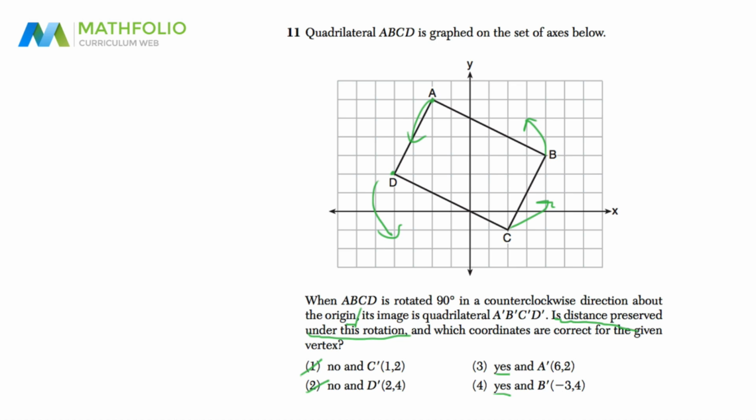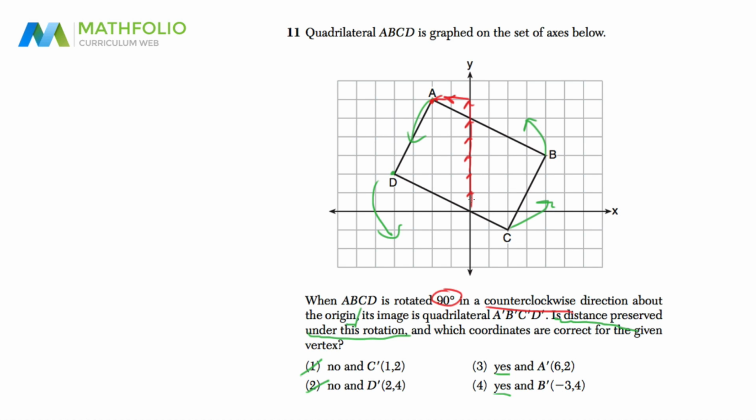I'm going to change this up to red. At the moment A is here. And if we look, A is 1, 2, 3, 4, 5, 6 units up and 2 units to the right. So if we're going to go 90 degrees counterclockwise, instead of going up to north, we're now going to go west.